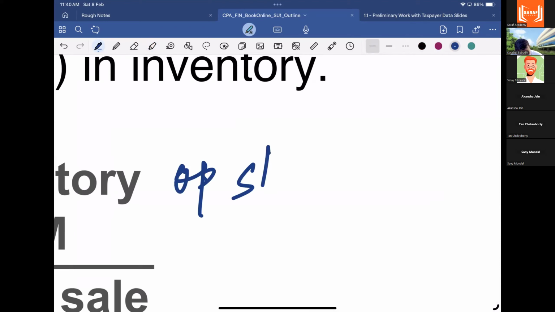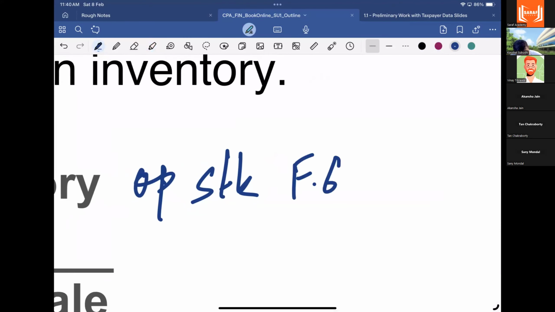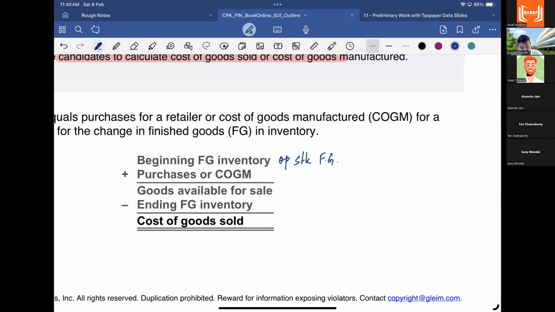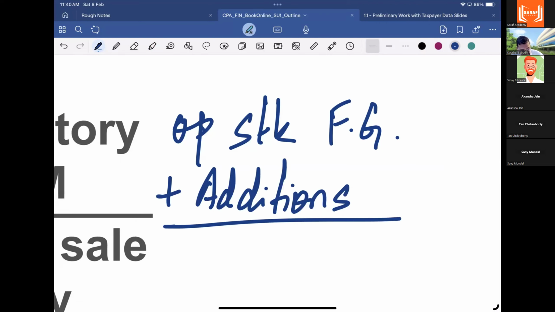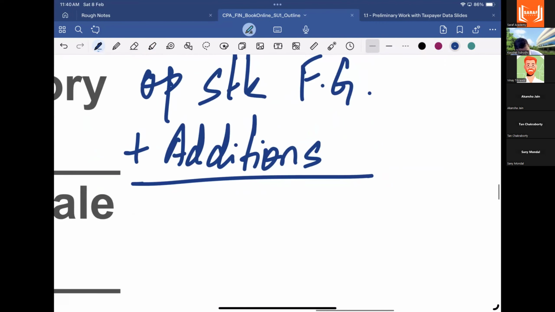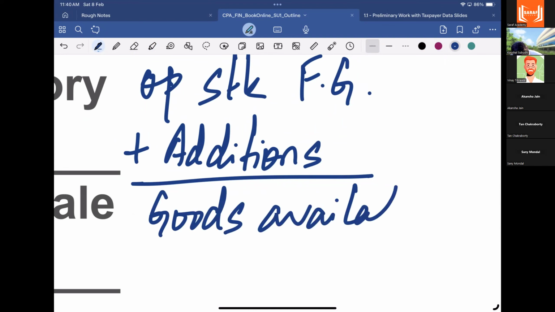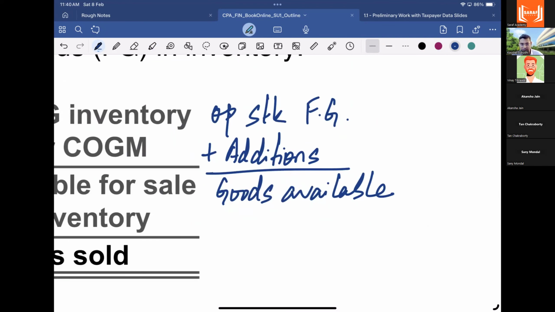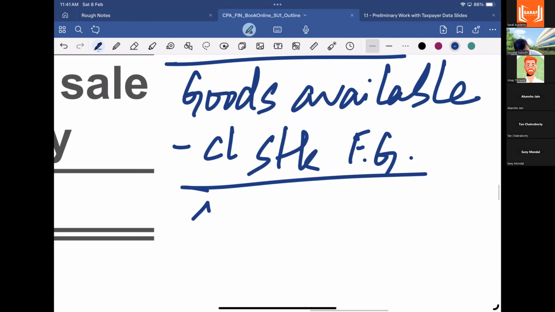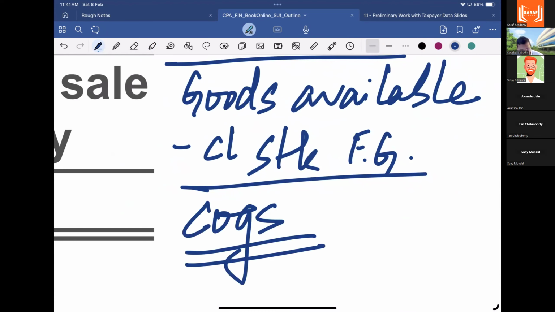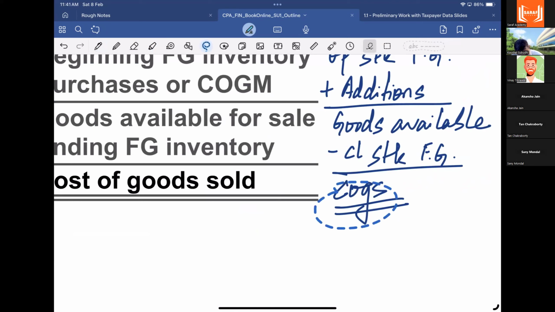I call it opening stock of finished goods. Then you have some purchases. Purchases is basically your additions, right? So plus your additions. I'll write it in short so that it's easy for you to remember. Next is your goods available, goods available for sale, minus your closing stock of finished goods, then your cost of goods sold, which we call COGS. Just need to center this one a little bit more over here, right?